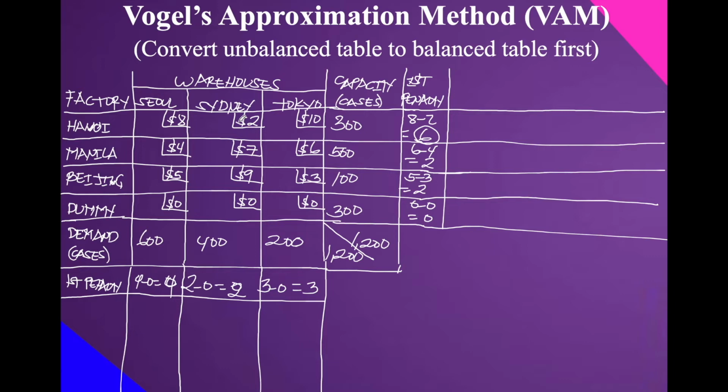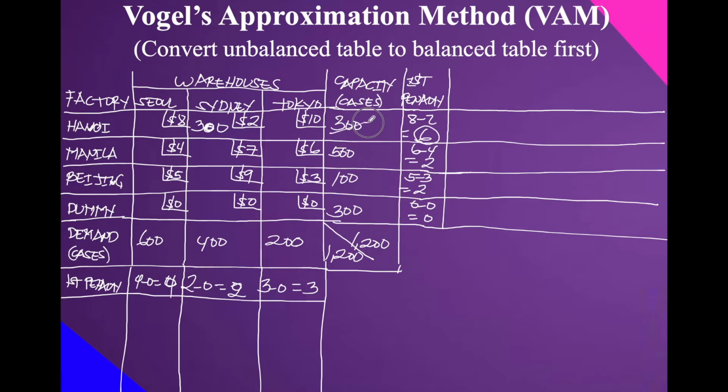Now, what is Sydney demanding? They are demanding a total of 400. What can Hanoi Factory provide? They only have 300 in their capacity. Therefore, let's put 300 here. All that Hanoi can give to Sydney, that is all of it.